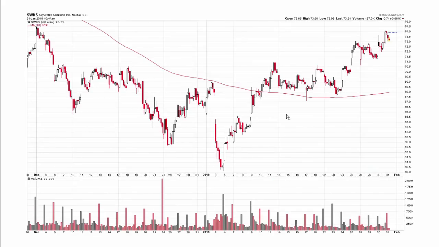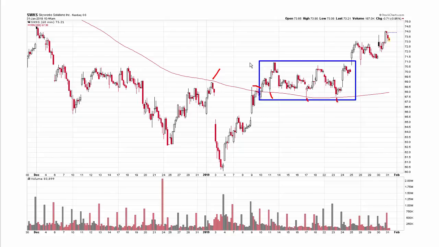If I zoom into the 60, that area that I just showed you is this area here. As you can see, the 200 on the 60-minute chart was resistance here. It was resistance in this area too, but then we have support right there, we have support right there, and we have support right there.